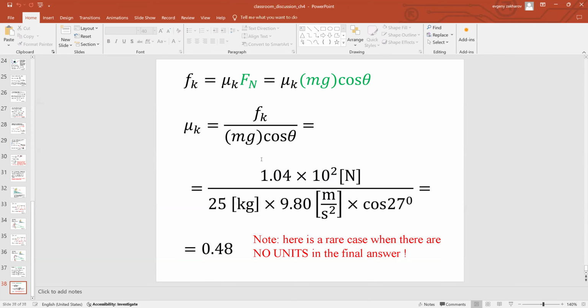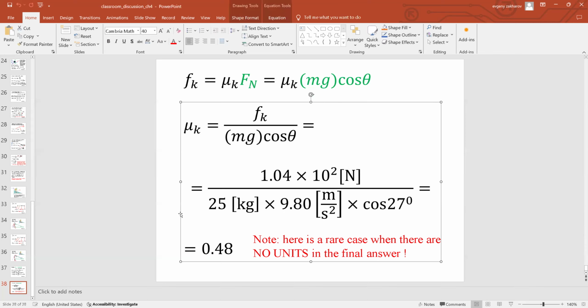Because sometimes the formula is correct, numbers are correct, but then the final answer is incorrect because you can't use your calculator properly. You can't do the input. I suggest you always do it step by step. Do not input everything at once. Do this times this first, the whole thing times cosine 27 second, and then do this over the previous value. So three distinct operations, and chances are you'll minimize your mistakes.